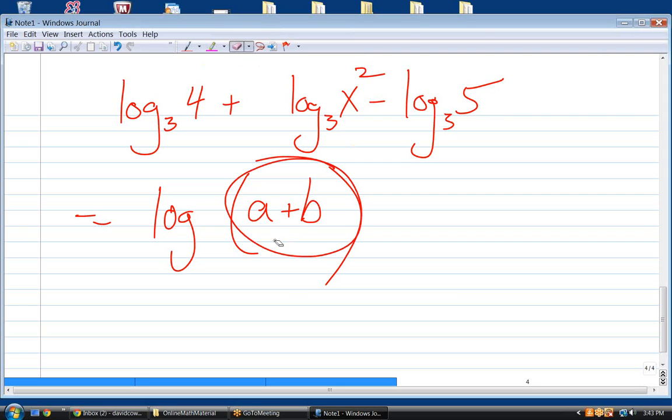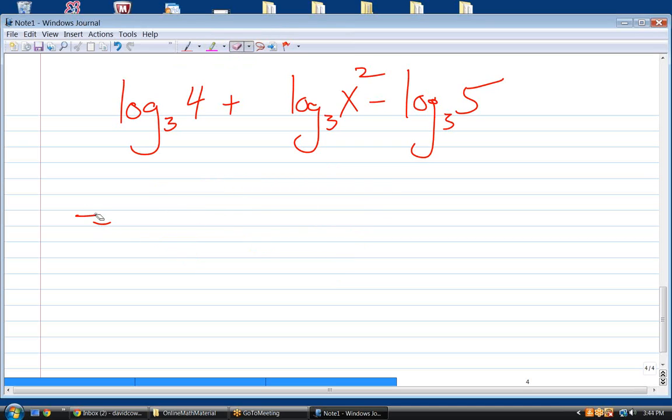Remember that these expansion and contractions are only when you have multiplication, division, or exponentiation taking place. If you have addition or subtraction inside the argument, there's no expansion to be done.